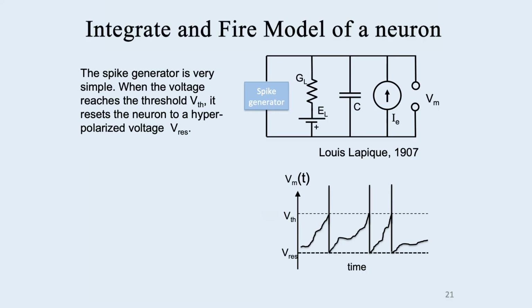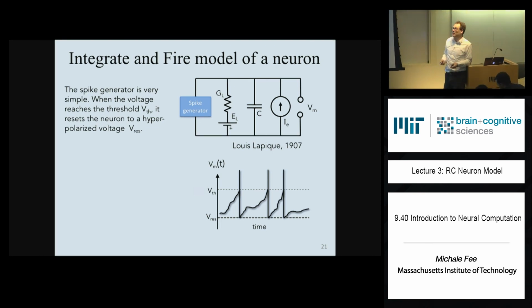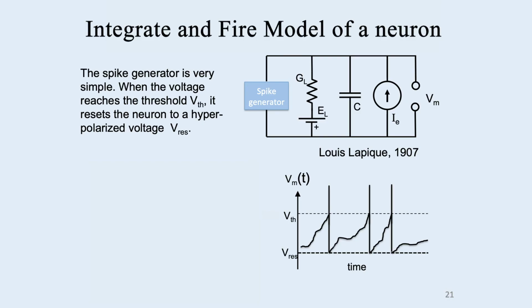Basically, the idea is that the cell gets input from either an electrode or from a synaptic input, and it integrates that input until it reaches a voltage called V threshold. And once it reaches threshold, we simply reset the voltage back down to a lower value called V reset.